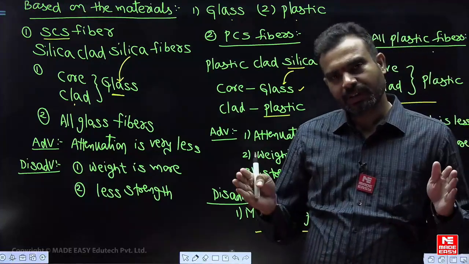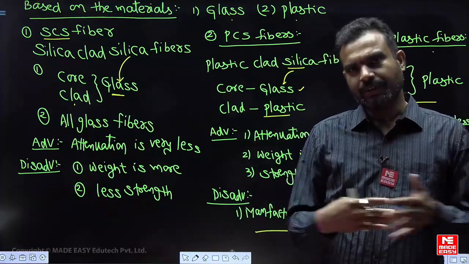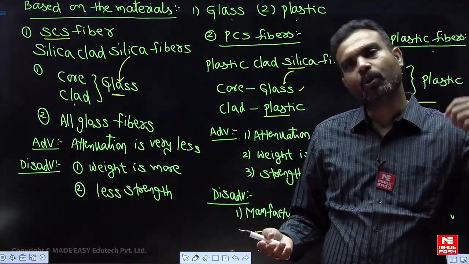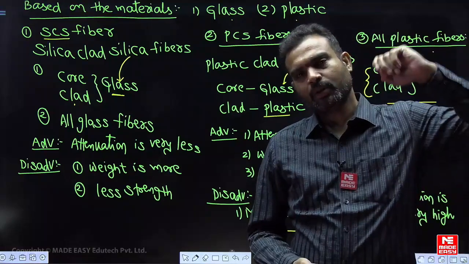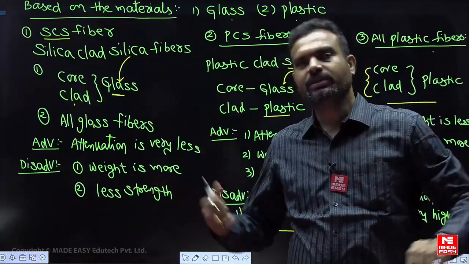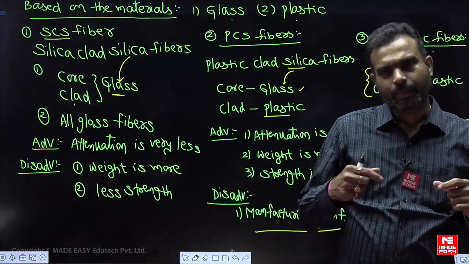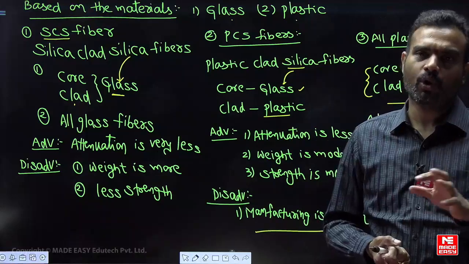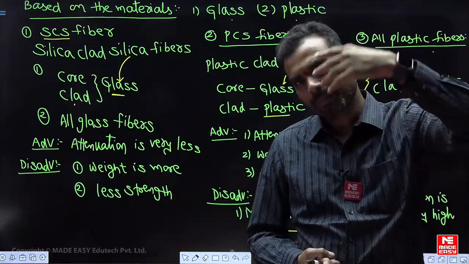For example, two servers connected by an optical fiber cable are called backbone networks. Backbone networks are connected through glass fibers. But for distribution networks, for example, if an optical fiber cable is coming into your home, you use all plastic fibers.